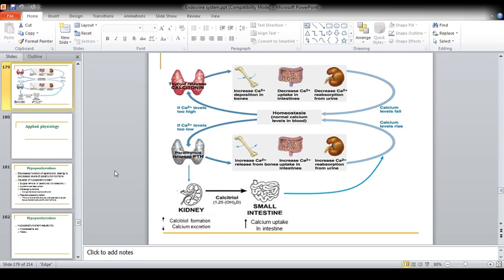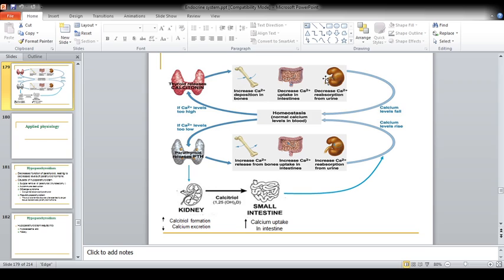So the thyroid gland releases calcitonin. This calcitonin increases absorption of calcium into the bone, decreases calcium uptake in the intestines, and decreases calcium reabsorption in the urine, resulting in decreased level of calcium in the extracellular fluid in the serum. So if the calcium level is too high, this calcitonin is secreted from the thyroid gland.